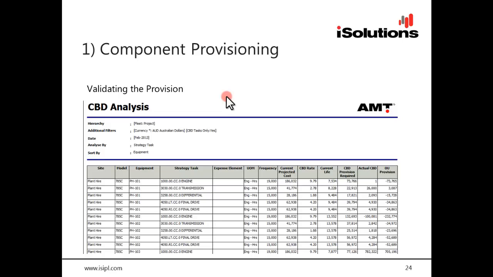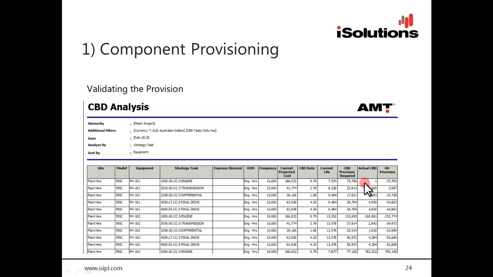So as your costs change, your projected costs, and as your expected life changes, so if you went and said, actually we're not going to get 19,000 hours out of our engines on that fleet, we're only going to get 16,000 hours, that would immediately, by the user changing their strategy, recalculate your rate for that component, come up with a higher provision required, and that would be compared with your actual CBD.